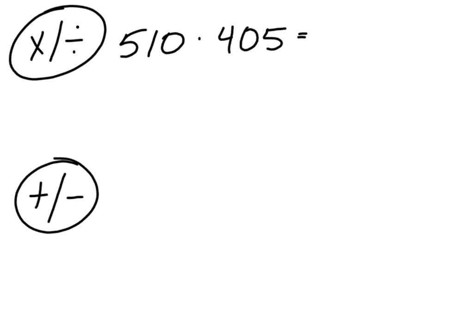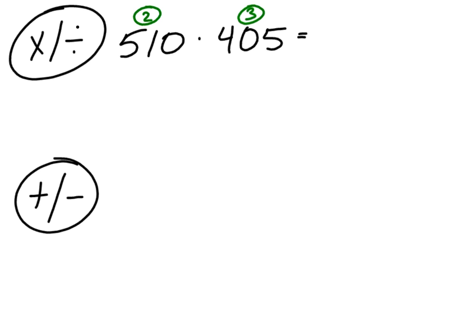In 510, there are two sig figs. Why two? Because that trailing zero is not significant, since there is no decimal in that number. In 405, there are three significant figures, because that zero is captive. Remember, if these were anything other than zero, they would be significant because of the first rule: all non-zero integers are significant.